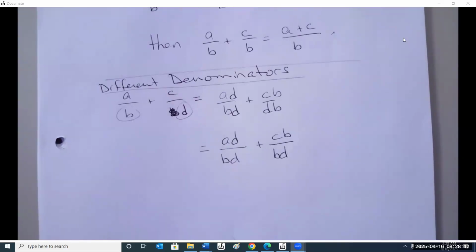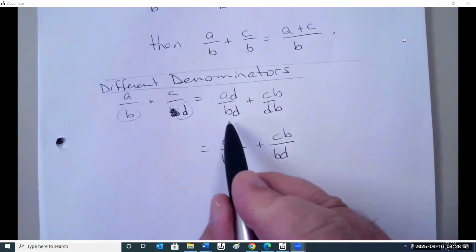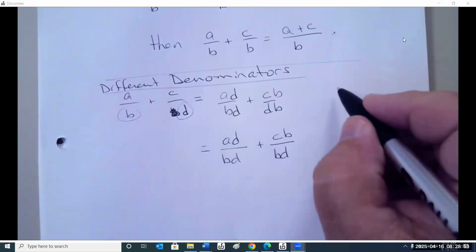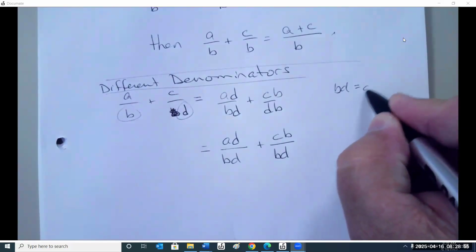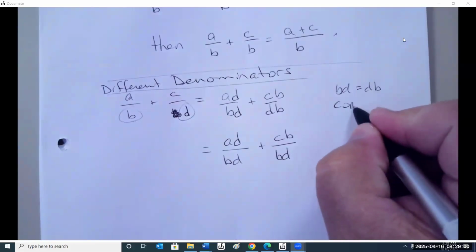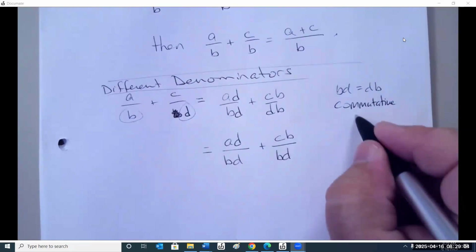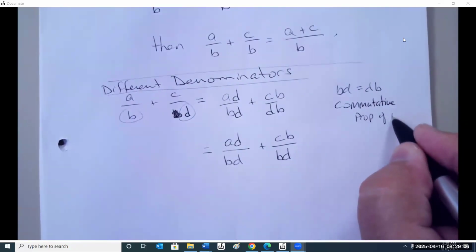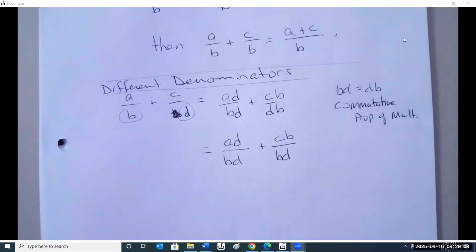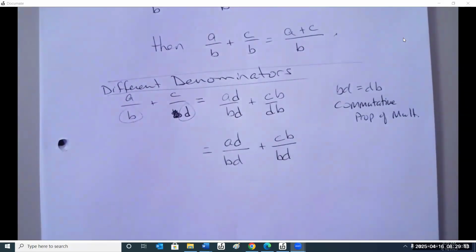Flip is not one of them. Rotate's not one of them. Yes, we moved them. We simply moved them. And we can move them because B times D is the same thing as D times B because of the commutative property of multiplication. Because they're multiplied, I can move them back and forth.